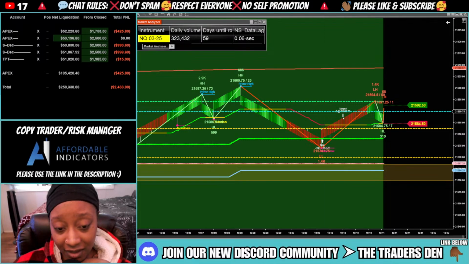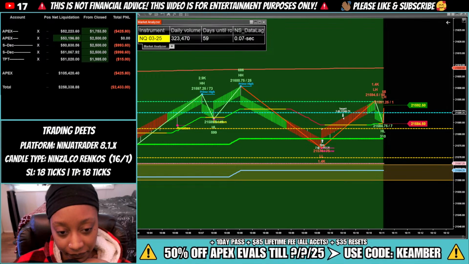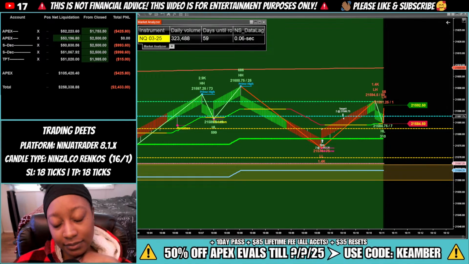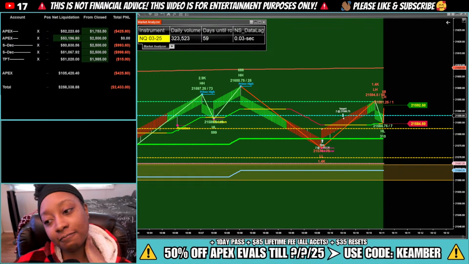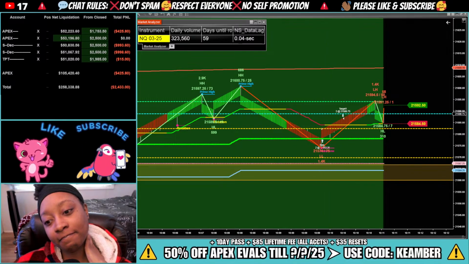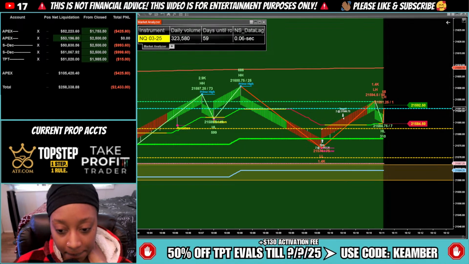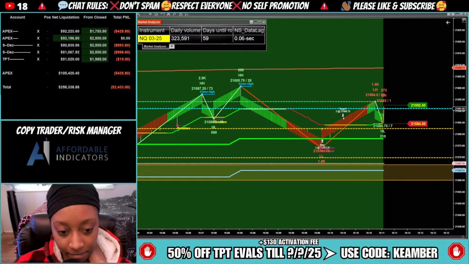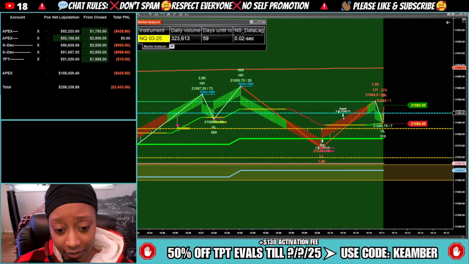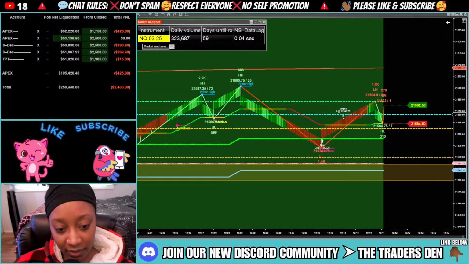Y'all, what the fuck? This thing is literally just putting shit where it wants to put it. I don't understand.